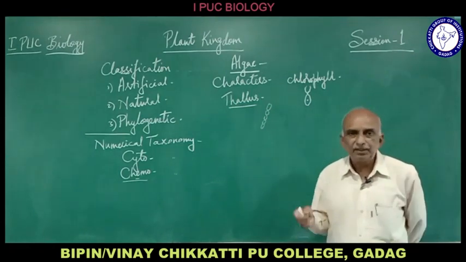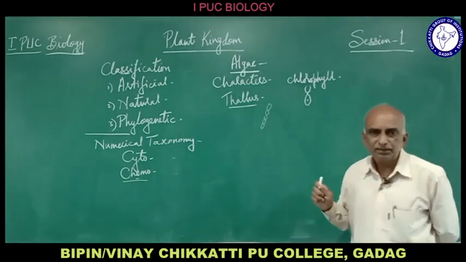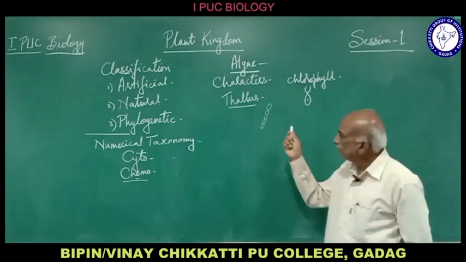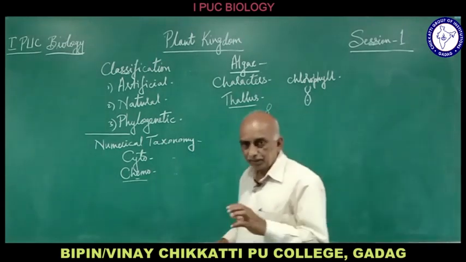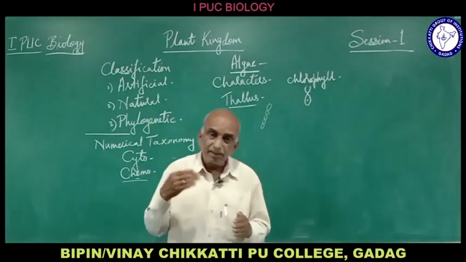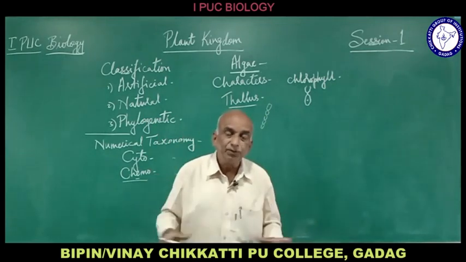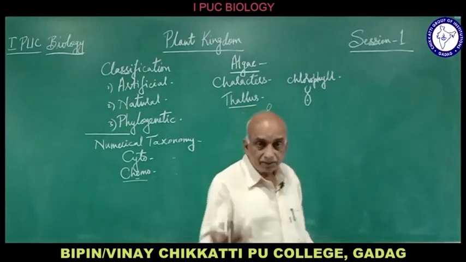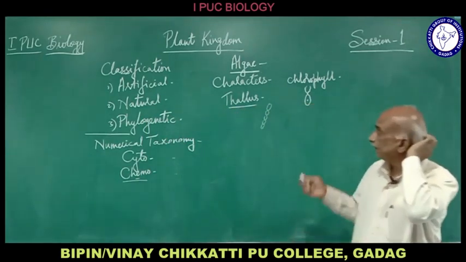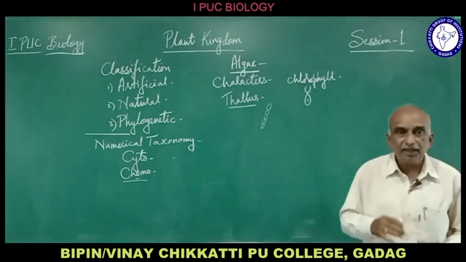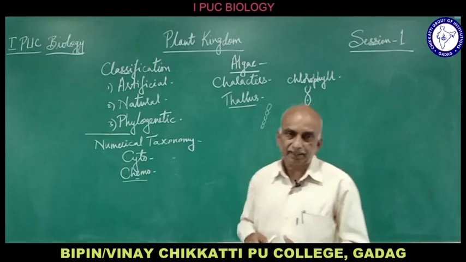So different filamentous algae are seen which form the thallus. And in some other multicellular algae, they grow to very massive forms, to a large size, especially the brown algae and red algae. Some red algae grow to a very large height.